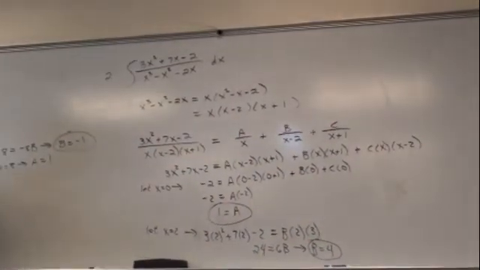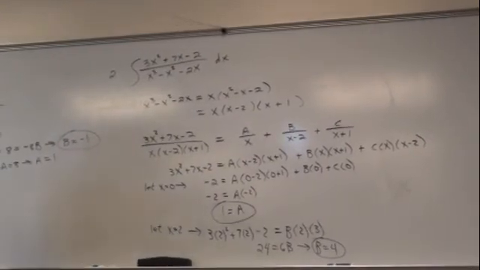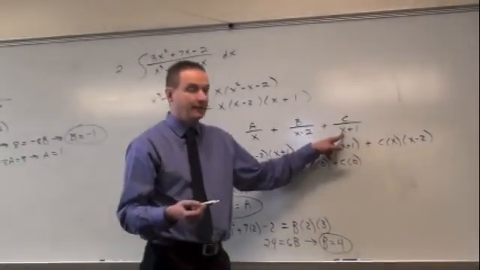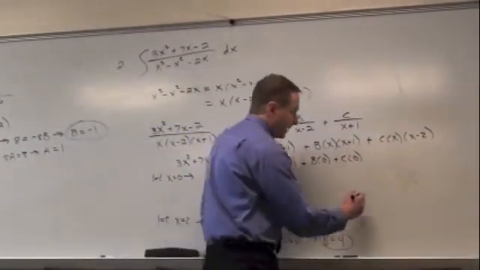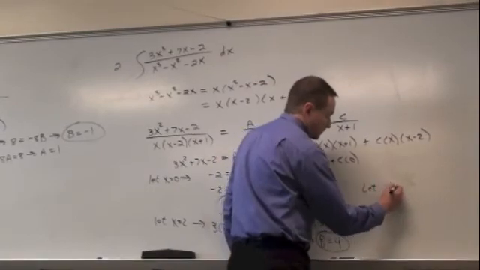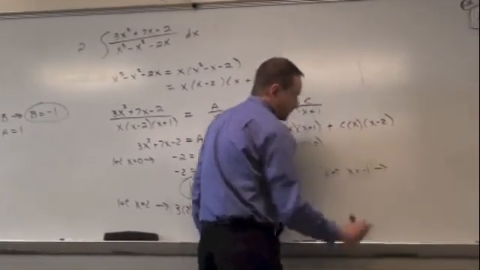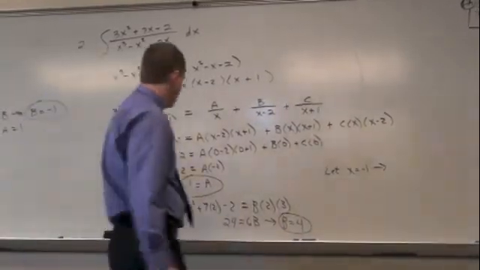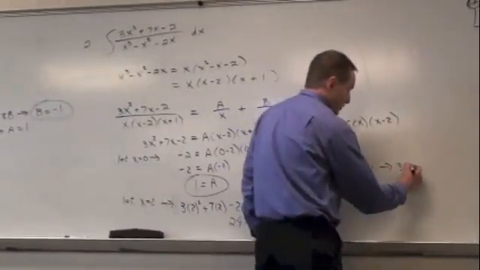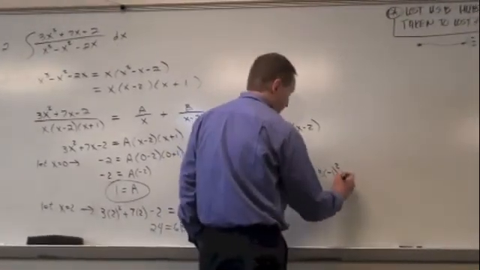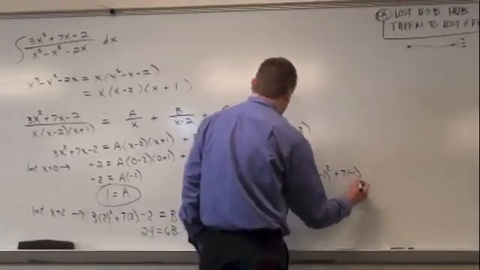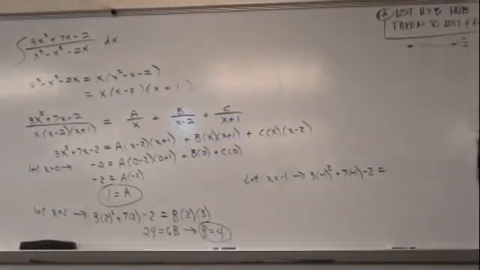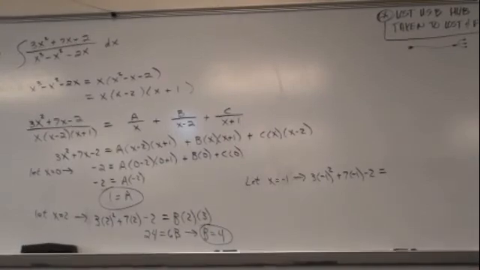So I have my solution for A, I have my solution for B. My solution for C, I could solve if I let x equal -1. So I'll do that. When I let x equal -1, my left-hand side is going to be 3 times -1 squared plus 7 times -1 minus 2. I know the a and the b will cancel out because they'll have a factor of 0.